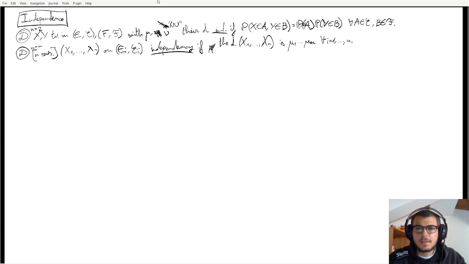So this for example was mu1, this mu2. We can go on adding more random variables.